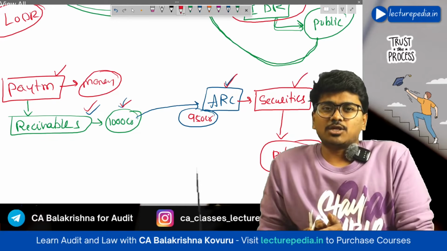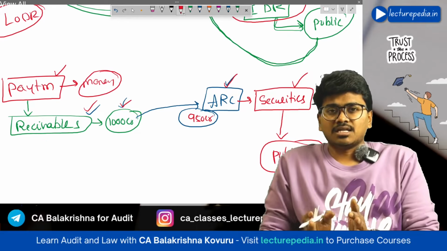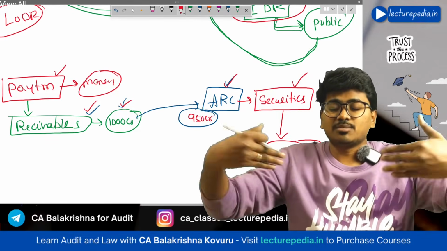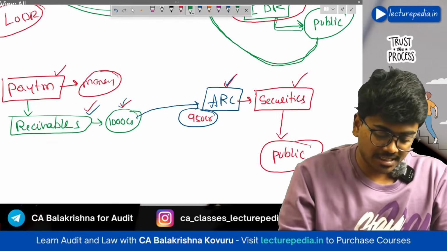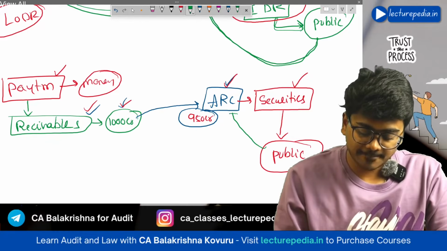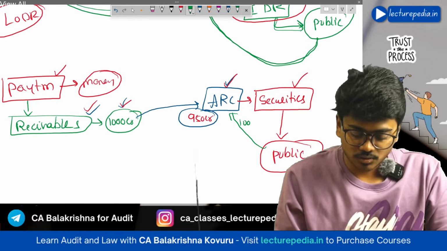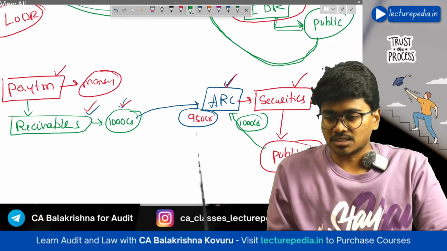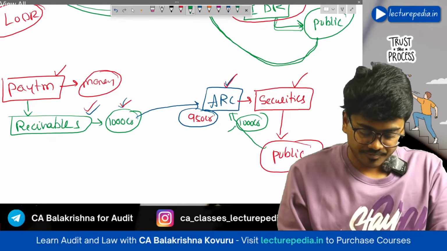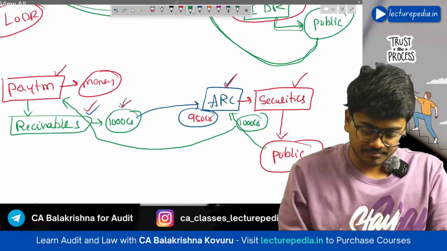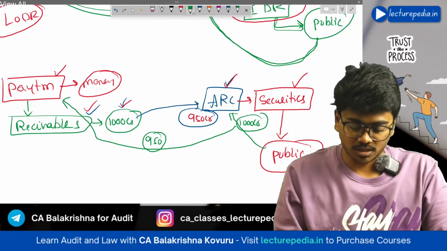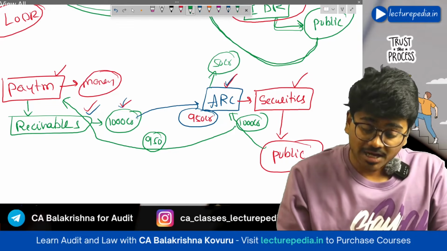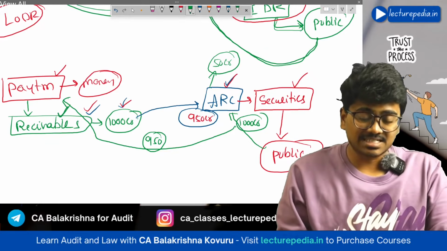If it keeps the value of a security as 100 rupees, then 10 crore securities will be generated. These 10 crore securities will be sold to the public, and from the public the asset reconstruction company will take 1000 crores. Of these 1000 crores, it will pay Paytm 950 crores. So now the asset reconstruction company has 50 crore rupees, and also has these receivables.